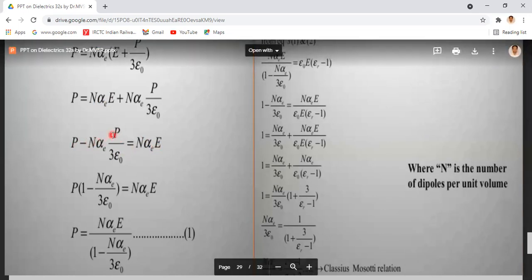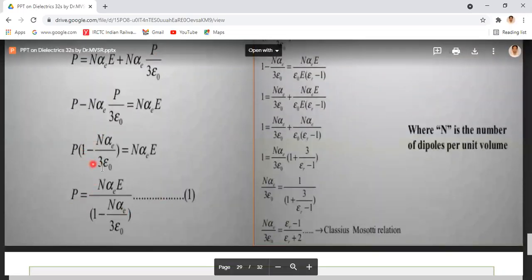Now by taking P common in these two terms, P into 1 minus N alpha E divided by 3 epsilon naught is equal to N alpha E into E bar. Now this term is multiplied by P, so it goes to the right hand side. So P is equal to N alpha E E bar divided by 1 minus N alpha E by 3 epsilon naught. This is equation number 1.